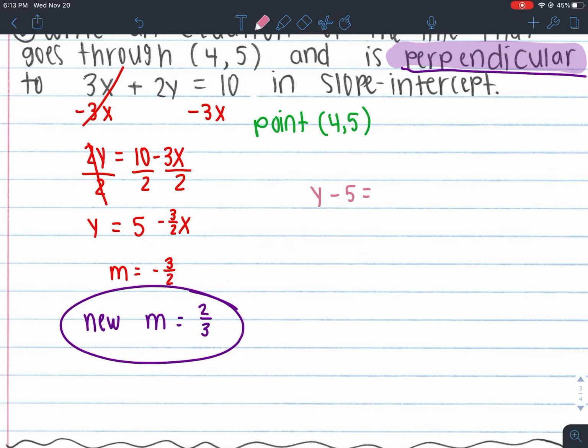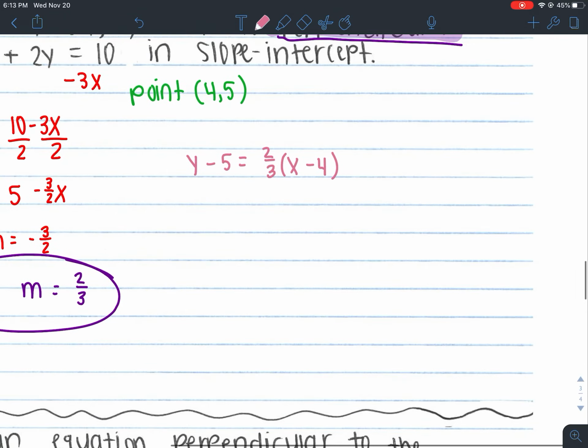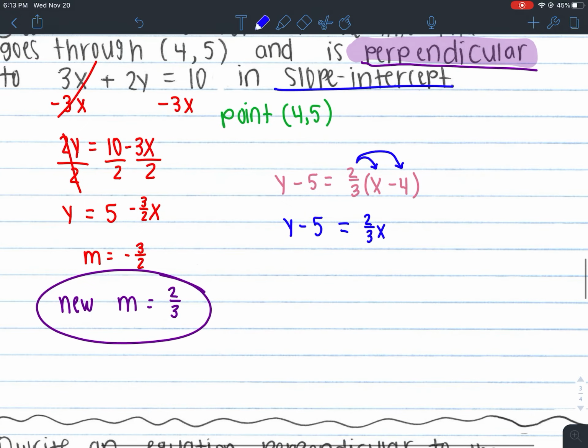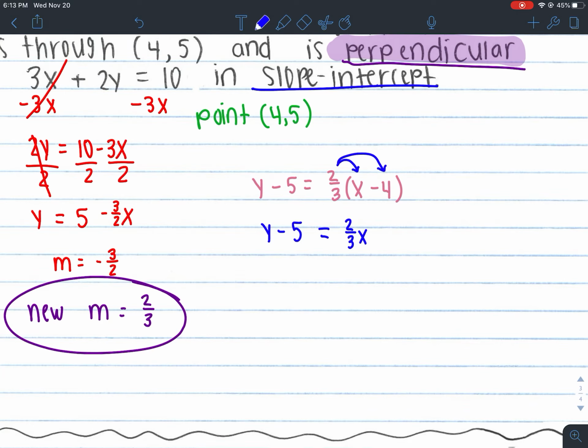y minus 5 equals 2/3 times (x minus 4). And then I want it in slope-intercept form, so we're going to distribute. 2/3 times x is 2/3 x. 2/3 times negative 4 is going to be, I think that's negative. Did I mess up? Give me 1 second.